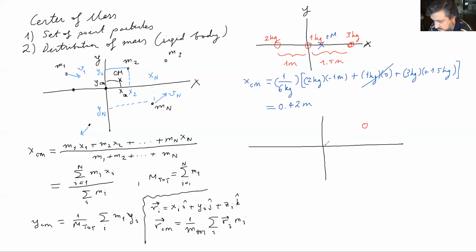I'm going to leave the one in the middle right where it is, and this guy here I'm going to move just a little bit this way. This is still 1 meter, and this is 1.5 meters. But this is, let's say, 0.3 meters below the x-axis. And this will be 0.8 meters above.